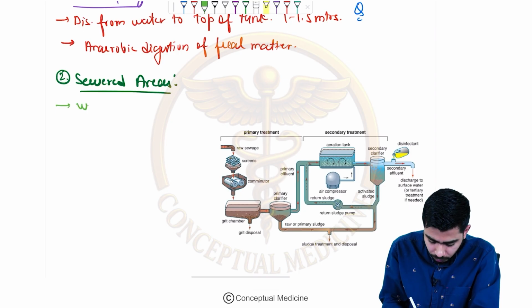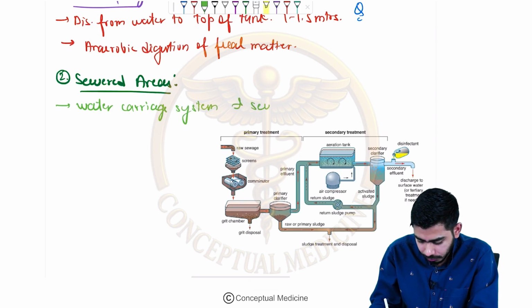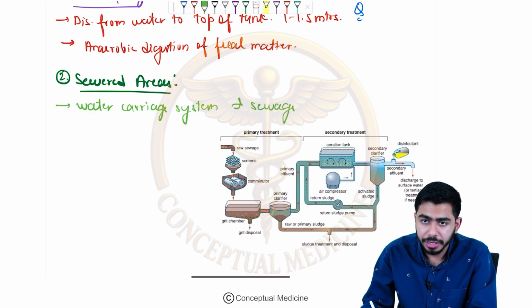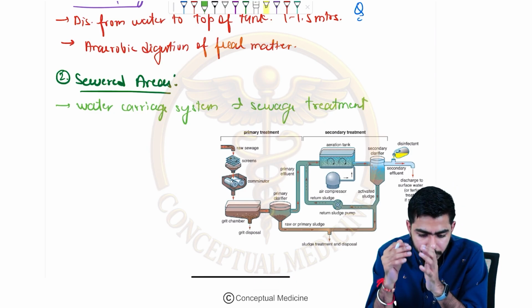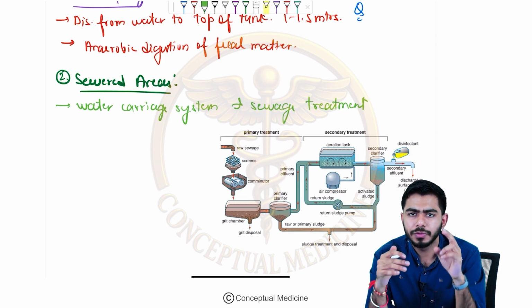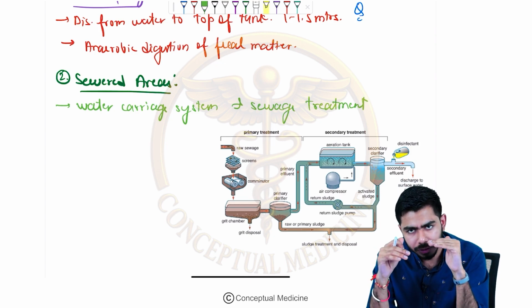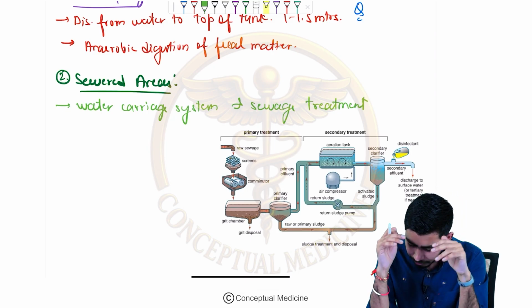So this is the water carriage system, and in this method we are learning about the sewage treatment. Over here we are going to talk about two treatment processes: one is the primary treatment and another one is the secondary treatment. In the primary treatment we have some methods, and in the secondary treatment we have some methods.